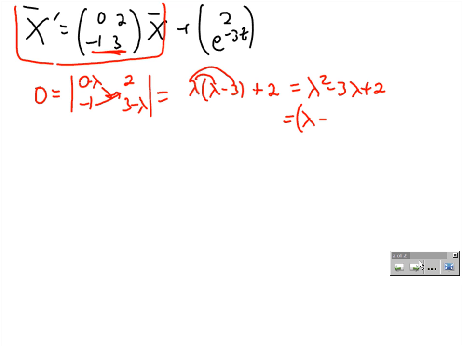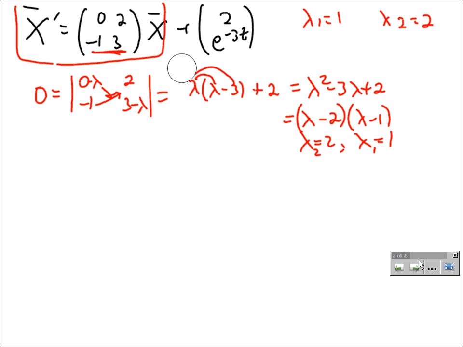Lambda minus 2 times lambda minus 1. So lambda is 2 and lambda is 1. So we have lambda 1 is 1 and lambda 2 happens to be 2.